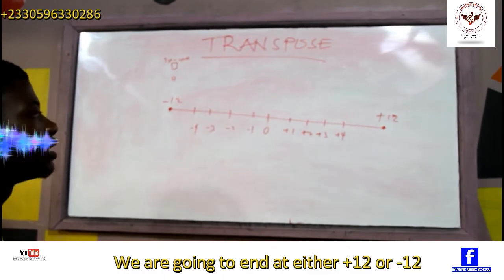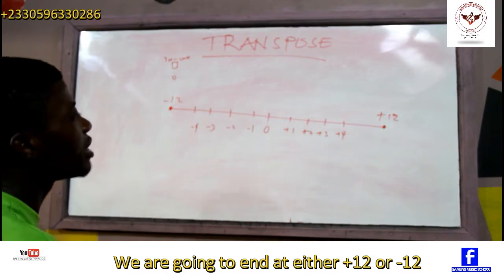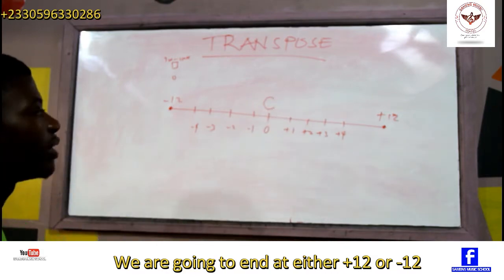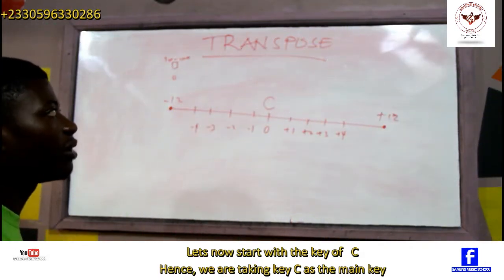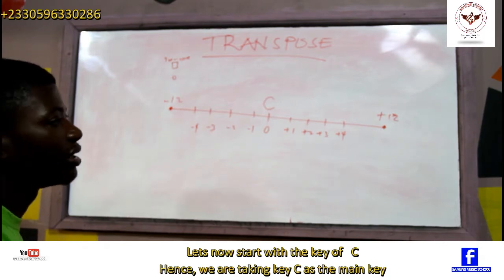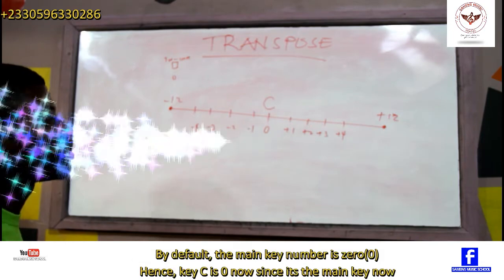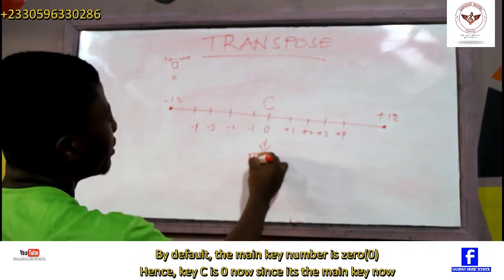So that is it. Let's start with one key. Assuming we have key C as the main key, the main key always comes to the center. By default, when one presses the transpose button, transpose will appear and the number that appears is 0. Sometimes it is written 0, 0, 0. 0 becomes the main key.